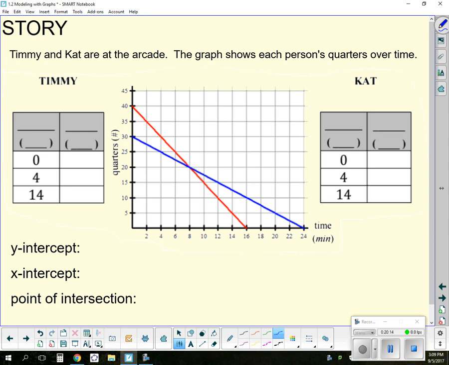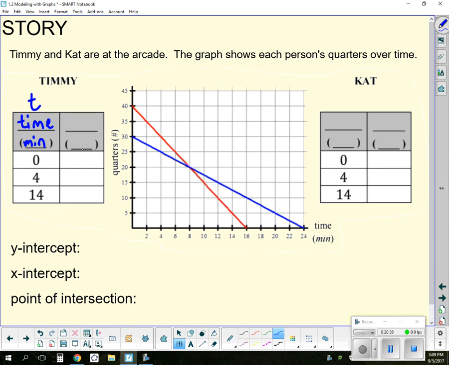What are our variables? Your independent variable should come first, and remember that's your x value. Here, that's your time in minutes. So we're going to write time. It's being measured in minutes, and let's call that t.